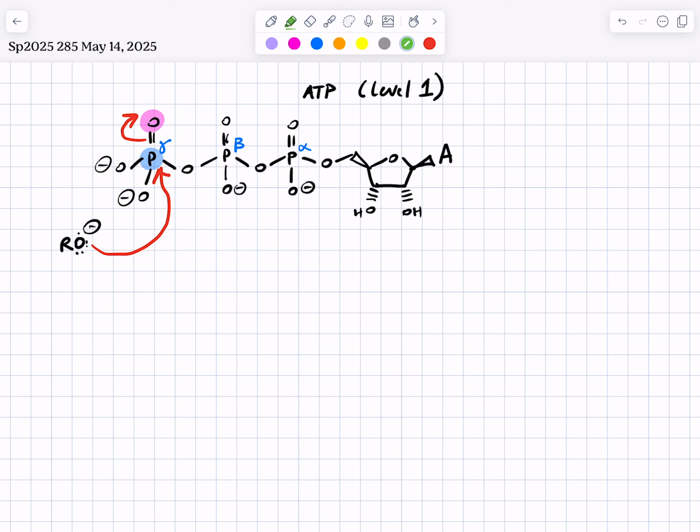In that case, all of this is the leaving group. Now that may look strange, but let's look at it after it leaves and see if it makes sense based on stuff that we know.